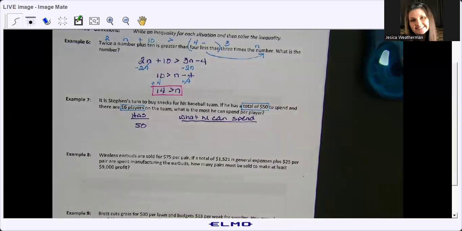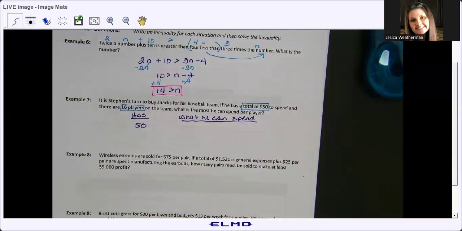Say that he could spend $2 per player. What would you do to figure out if you had enough money to spend $2 per player? Think of it that way. What would you have to do? Multiply. Yeah, multiply 2 by the number of players.